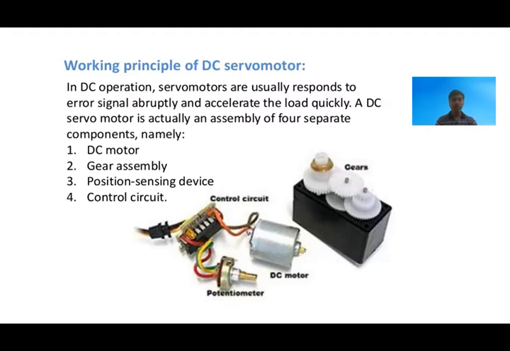Based on the error signal, if the error signal is positive, the error amplifier will amplify the error signal and keep on supplying the voltage to the DC motor to achieve the desired speed, or until the error becomes zero. If the error is negative, then the error amplifier supplies a negative voltage to the DC motor, therefore the rotation will be in the opposite direction. By this error signal, we can control the speed of the DC motor.